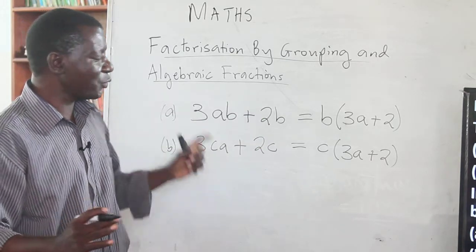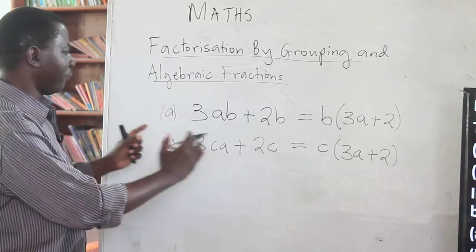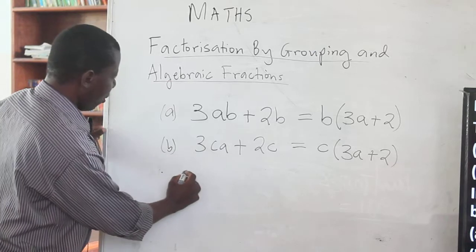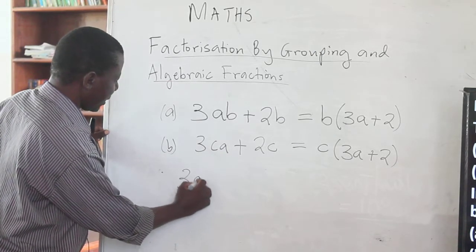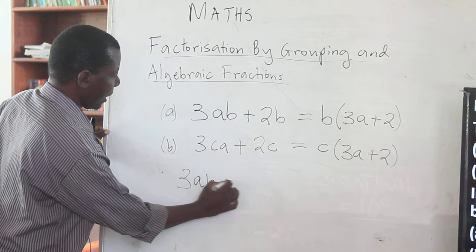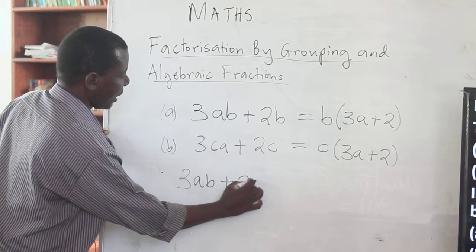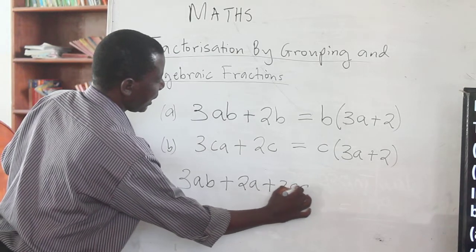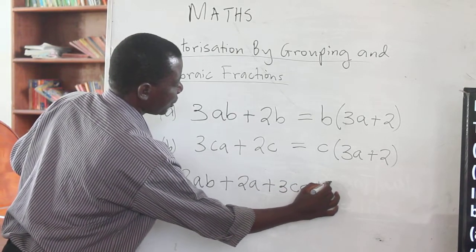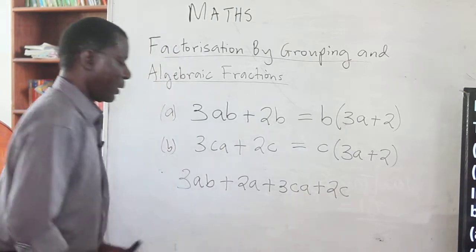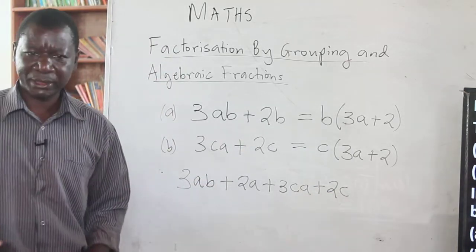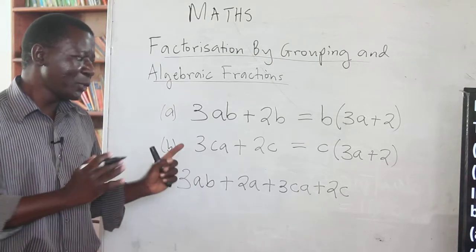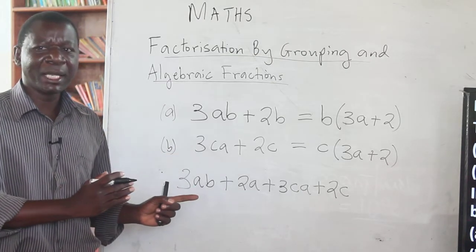Now, suppose we are given all of this sum together, 3ab plus 2b plus 3ca plus 2c. Suppose we are given all that together as one sum and we are told to simplify it. Then we can do the simplification by grouping.